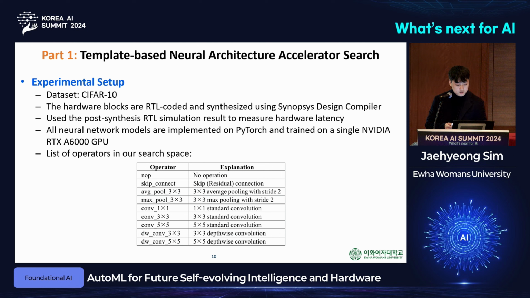So this is the experimental setup for evaluating our approach. We use the dataset CIFAR10, and we hand-coded RTL for hardware blocks for convolutional layers and other kinds of layers like average pooling or max pooling, and synthesized those hardware codes using Synopsys Design Compiler.